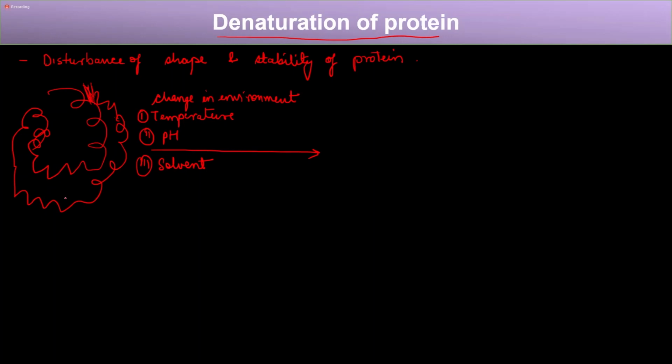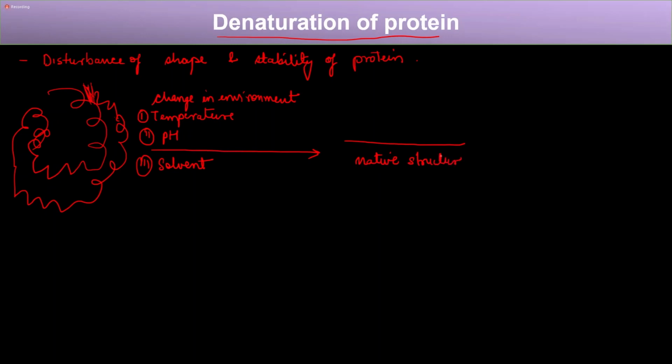In some cases, this protein comes to its native structure. So it forms a structure something like this, a linear structure.